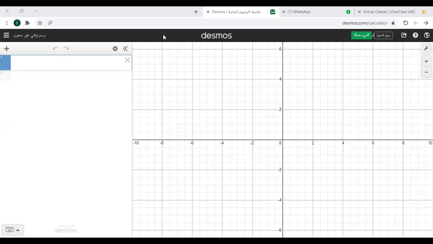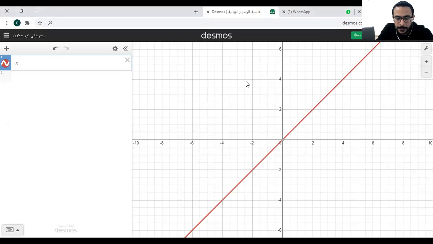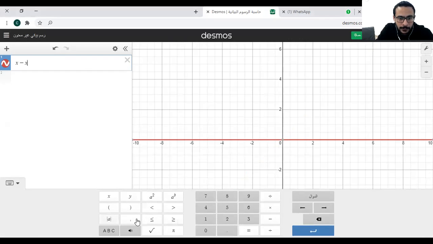Let me open Desmos, the graphing calculator. x minus x squared. Here is x, then minus x squared, x to the power of 2.